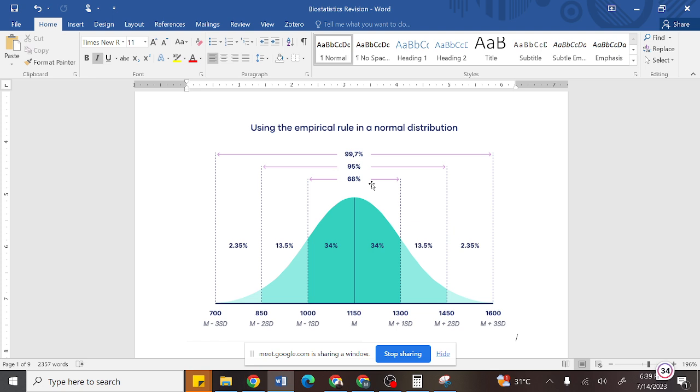So that is at least 68% of the people, if you have moved one standard deviation away.